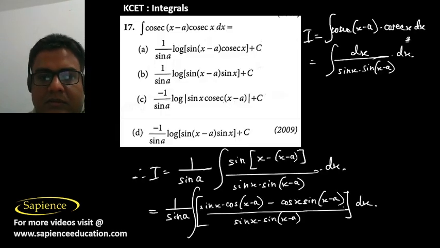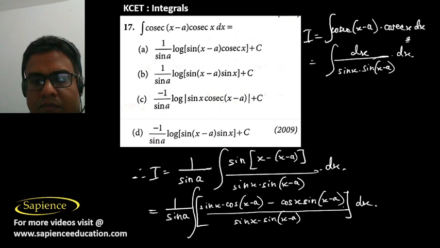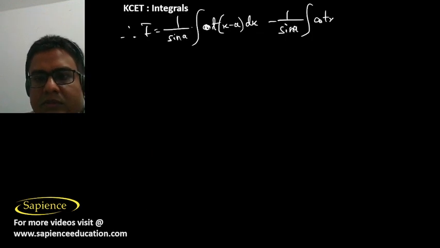So then the integral I can be written as 1 by sine a into integral cot of x minus a dx, then minus 1 by sine a into integral cot x dx.